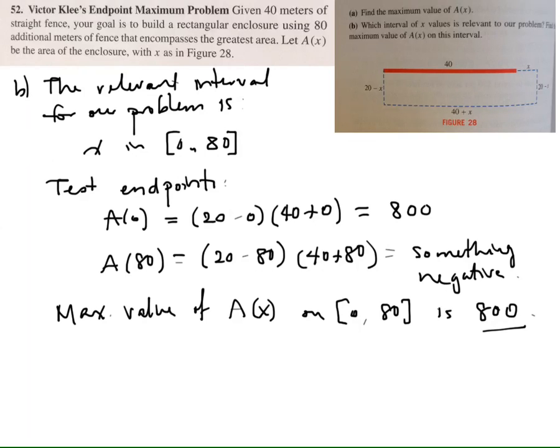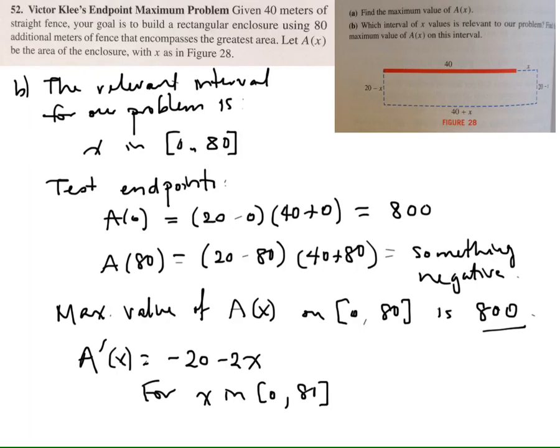And if you wanted to be really, really sure that 800 were the maximum, you could test that. Remember that the derivative A prime was negative 20 minus 2x, I think. And for x in our range, A prime is negative.